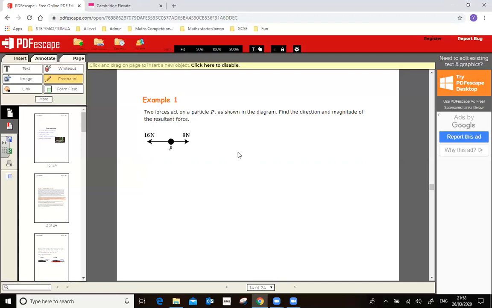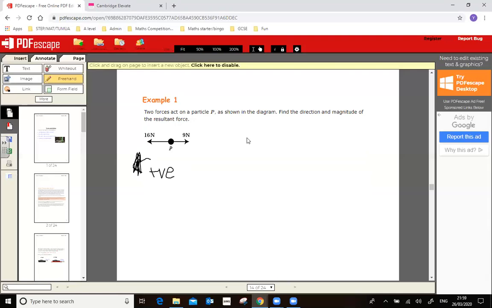So if we assume the left-hand side is our positive direction, as we just talked about using the example of two people pulling the particle, we know that the object will move towards the left-hand side.